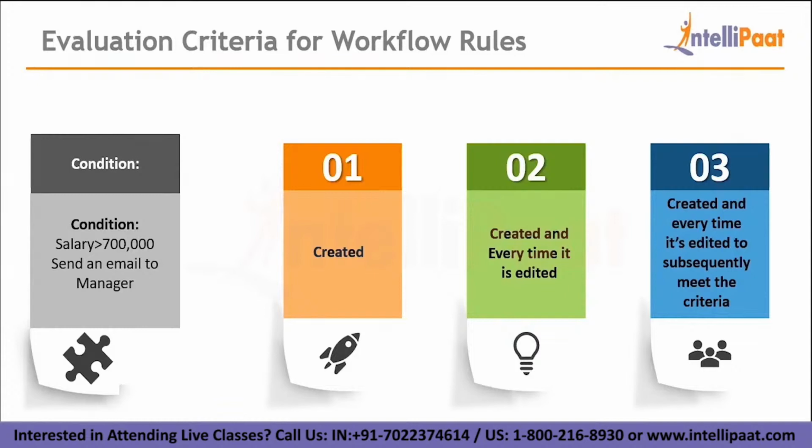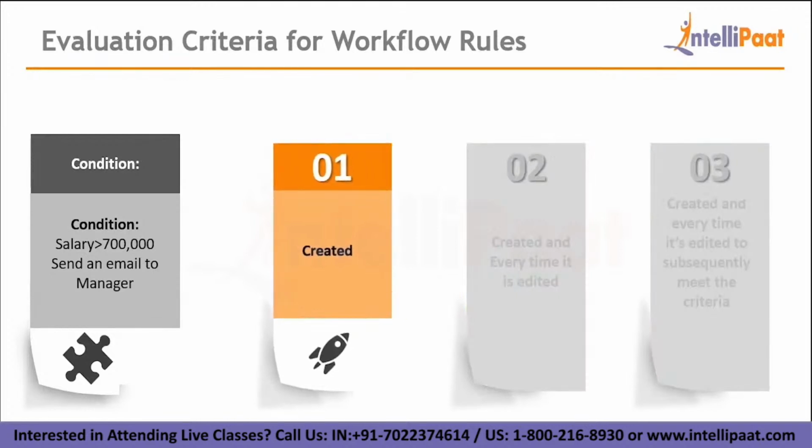So basically, our condition is: we have a record and we are creating a record, and if the salary exceeds 7 lakhs, so and so criteria would be followed and the actions would be followed later. Let's talk about each of these criteria with the same example.